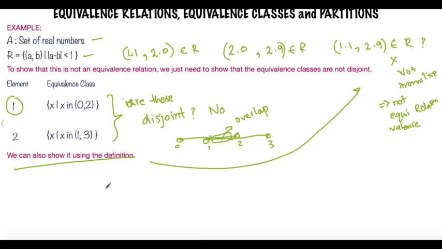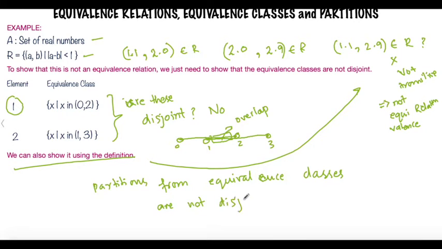In other words, we can say the partitions from equivalence classes, actually they are not equivalence classes, but we assume that they are, are not disjoint.